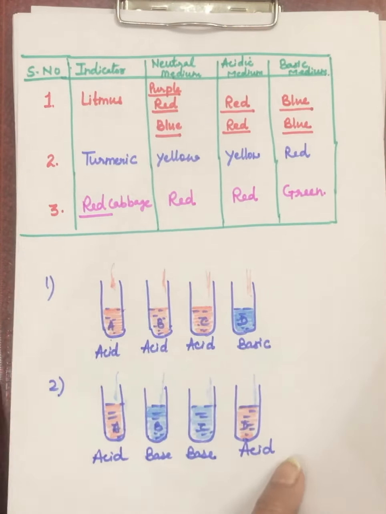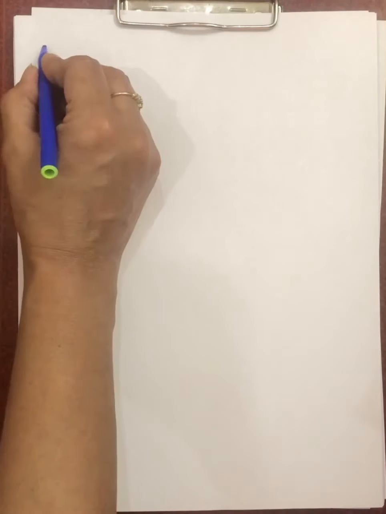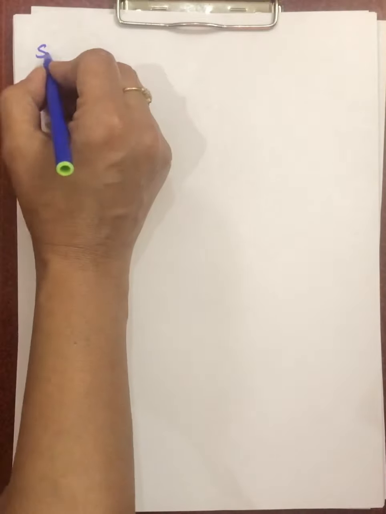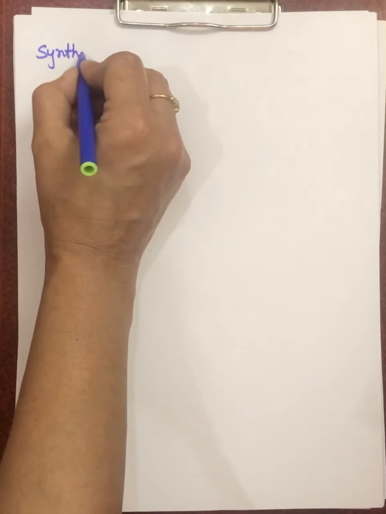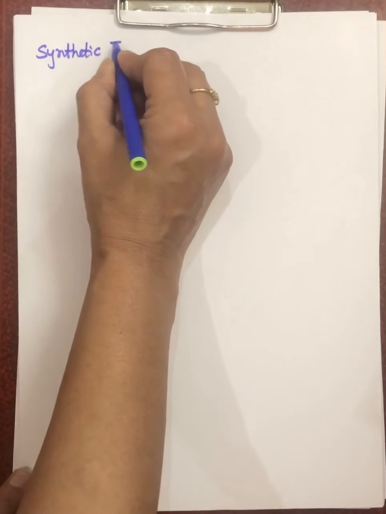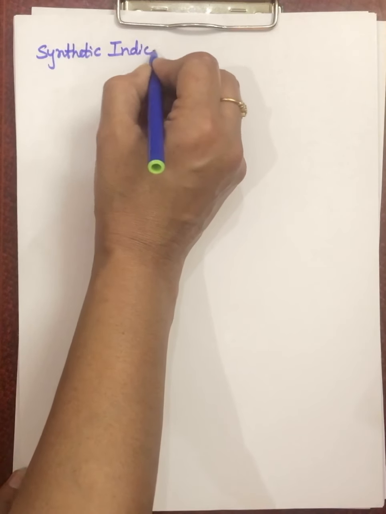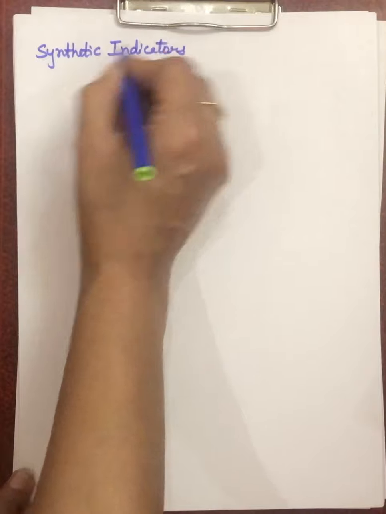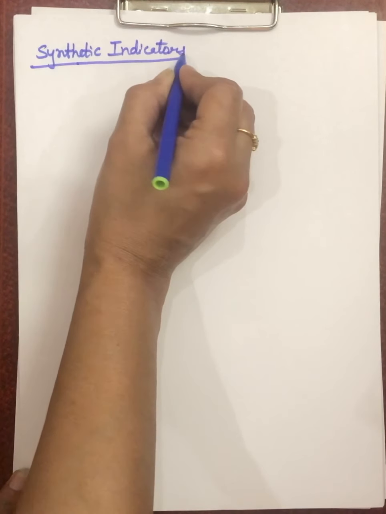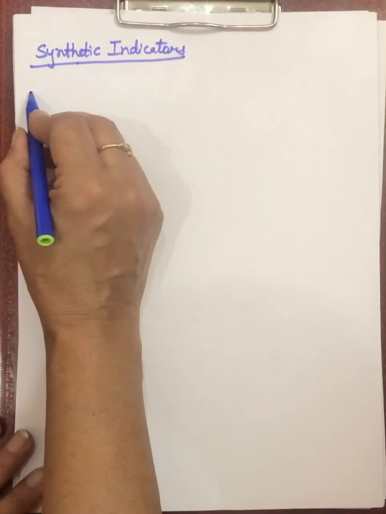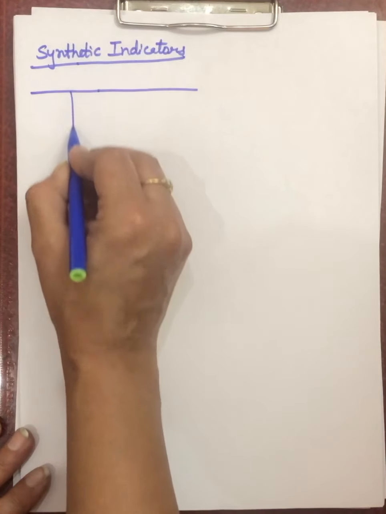Next, come to the synthetic indicators. Examples of synthetic indicators, two examples we have to do here.